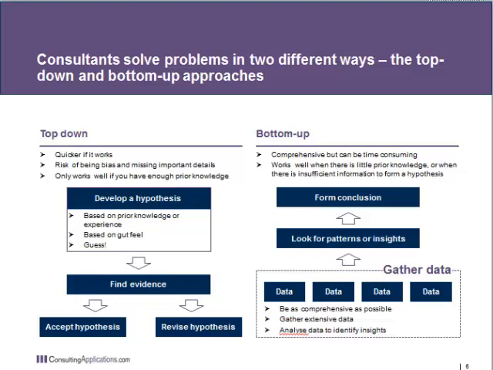So what do you do after you find evidence and do your analysis? Say if you build a market model and found that actually the market is not growing quickly enough to justify this. You then need to revise your hypothesis. You might say, okay, maybe we shouldn't buy the factory yet. We should buy it maybe in the future.